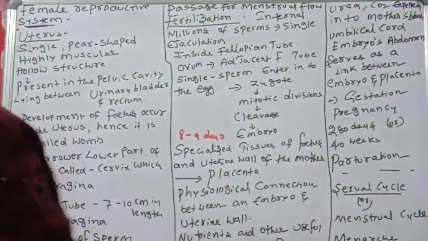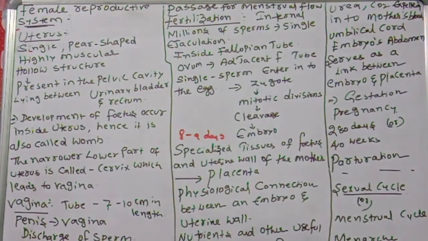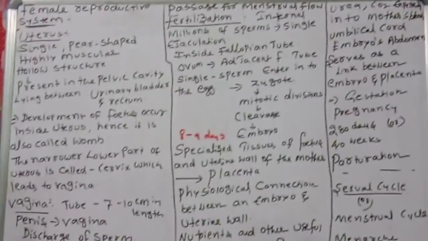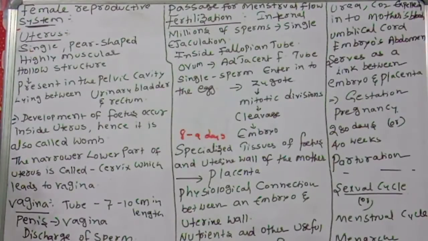Another very important one is the umbilical cord. The umbilical cord also plays a vital role in the release of waste materials.